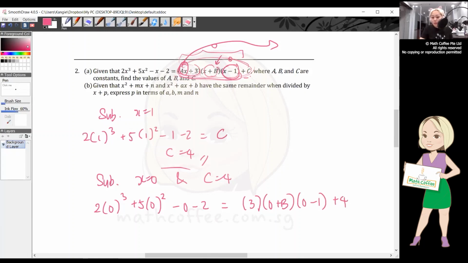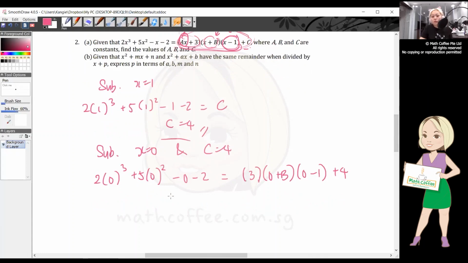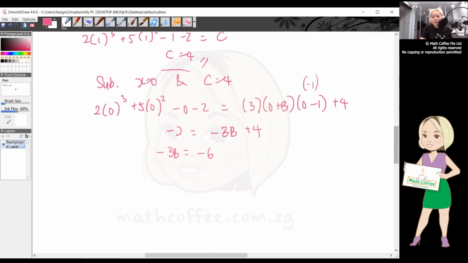So after that, the left-hand side becomes negative 2. This one is negative 1. Negative 1 and 3 is minus 3. So it's minus 3b plus 4. So I have minus 3b equals minus 6. I get b equals 2.